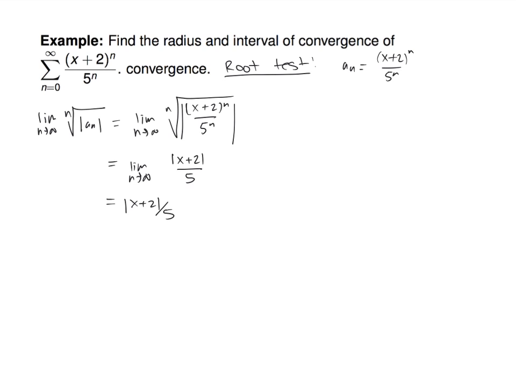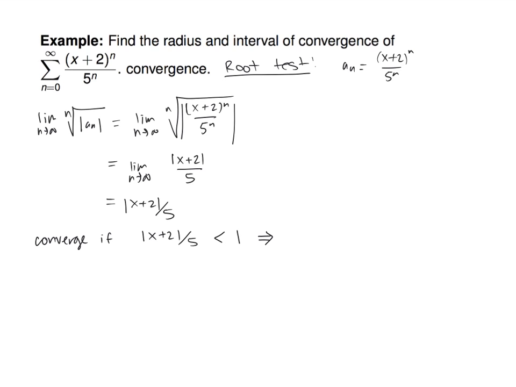So this will converge if the absolute value of x plus 2 over 5 is less than what number? 1. And to find your radius of convergence, you can't have any constants here.